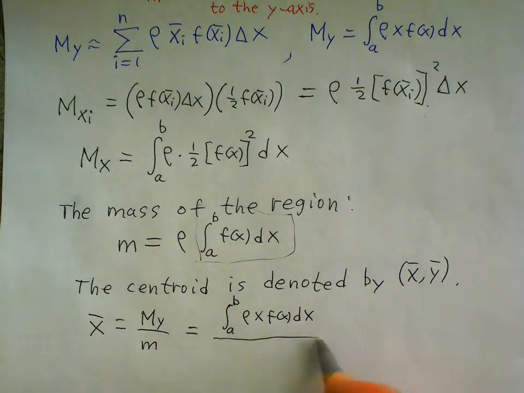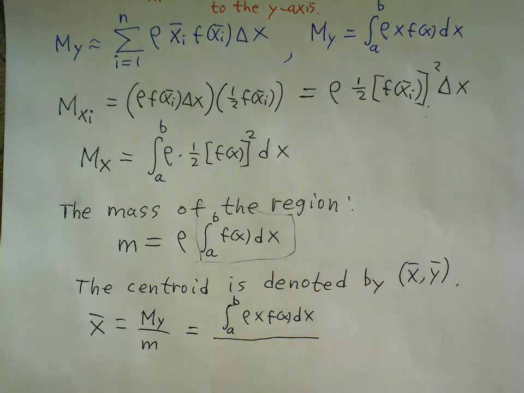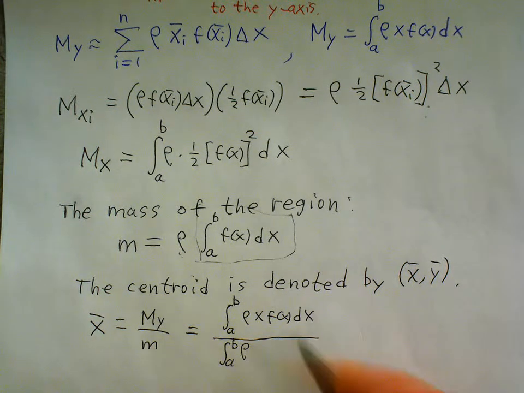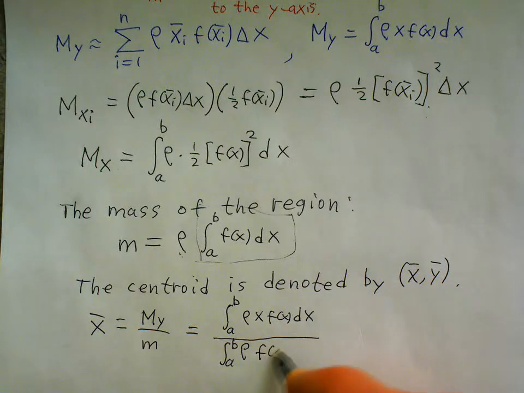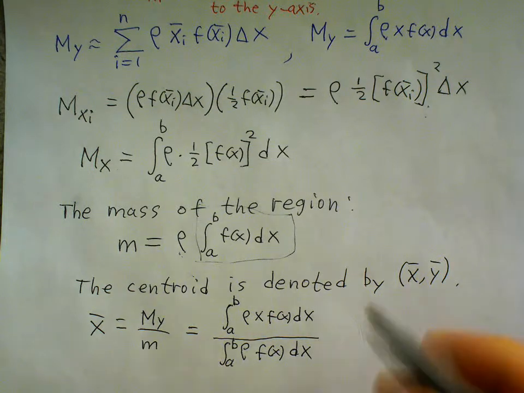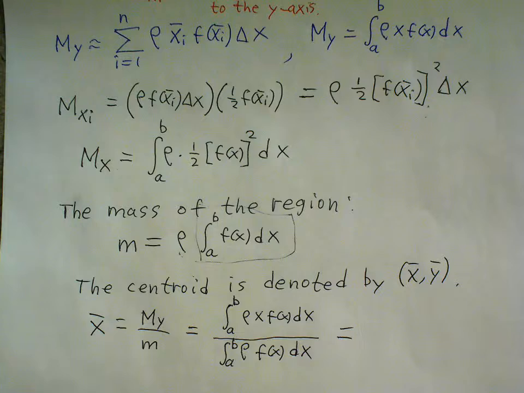And in the denominator is the mass. You can put the constant rho on the inside or the outside of the integral. It doesn't matter. But since rho is a constant factor in both the numerator and denominator, they cancel each other out.